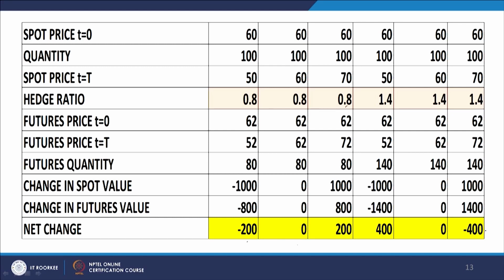In fact, the directions of the profits are also reversed in this situation simply by the change in the hedge ratio.